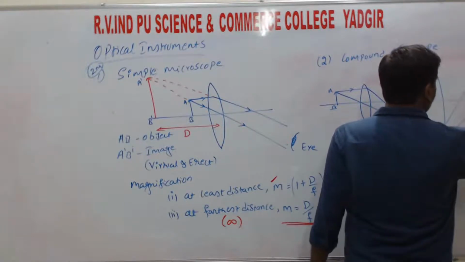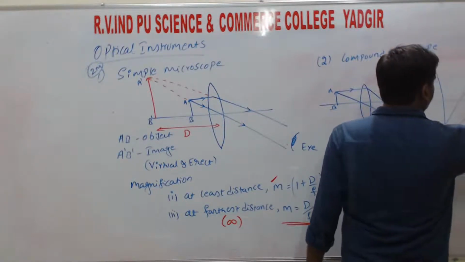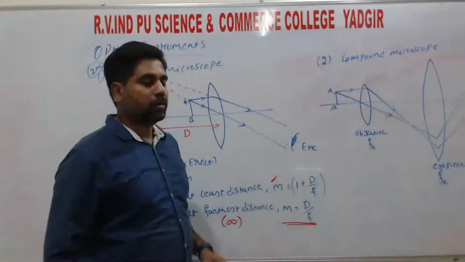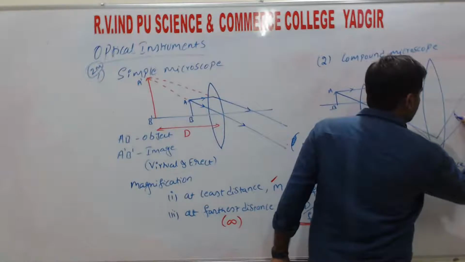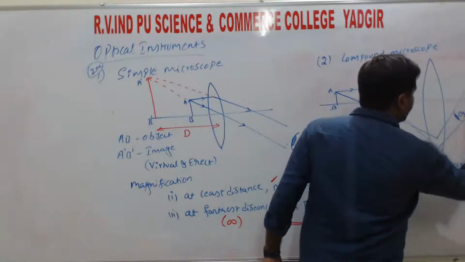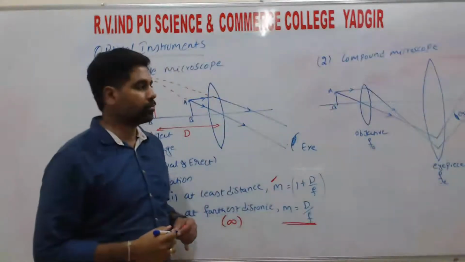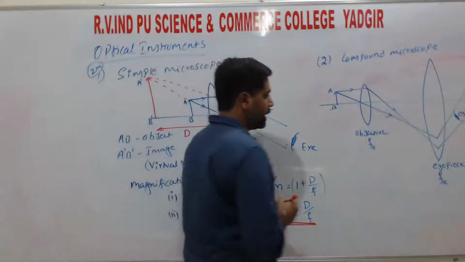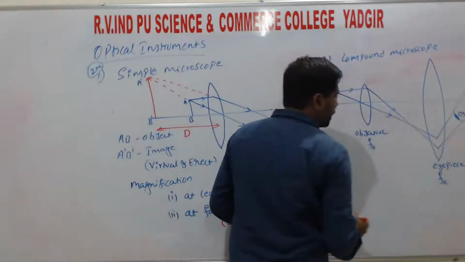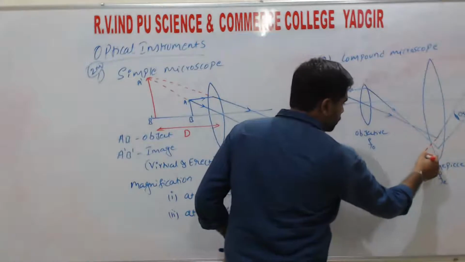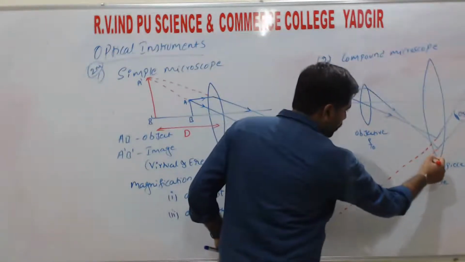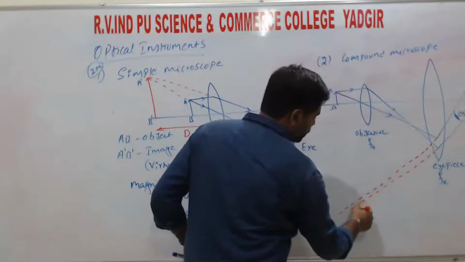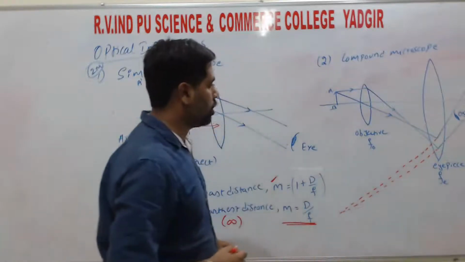So here we have I, right? Now if we extend these refracted rays backwards, they will meet at a point. That point gives the image of that object, right?